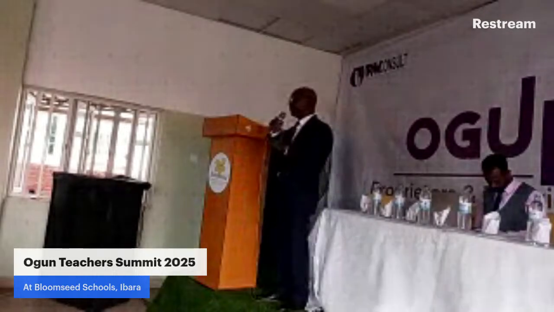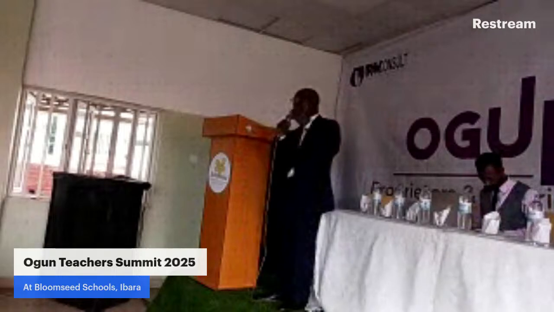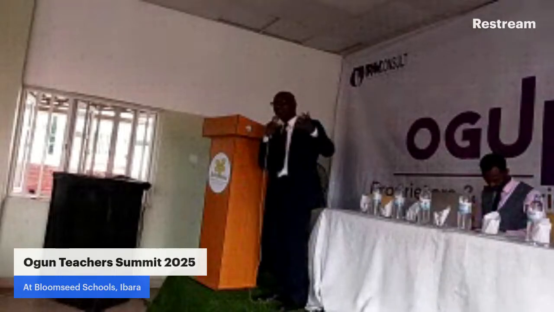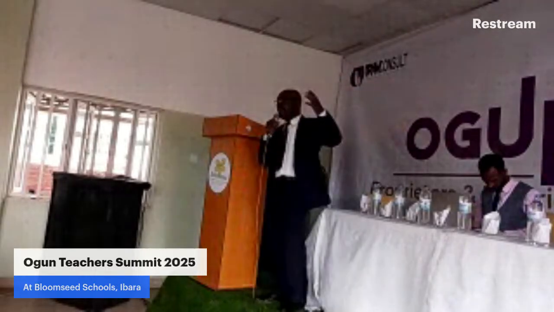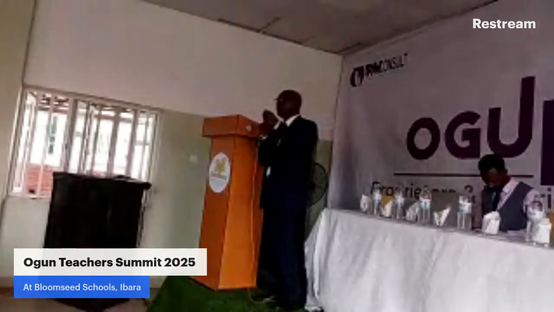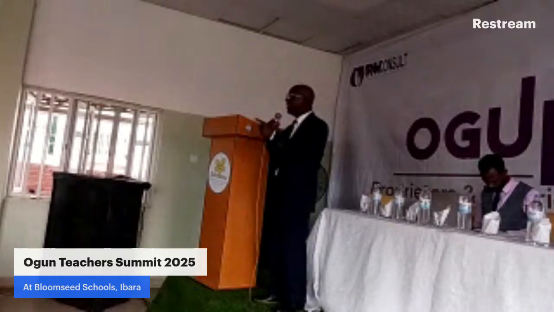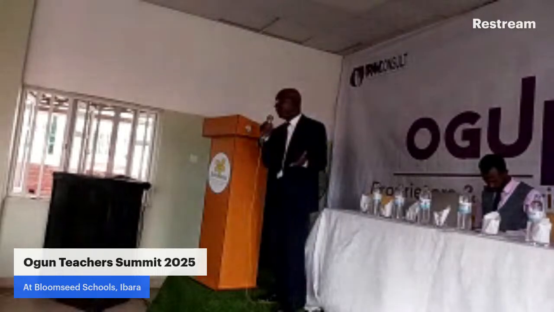Ogun State has really done so well. If you go to most of our schools now, we are really going towards digital learning. We've been supplying flat screens and digital equipment. In fact, over 238 schools have enjoyed solar power generation. Can you imagine that? I'm telling you the truth.